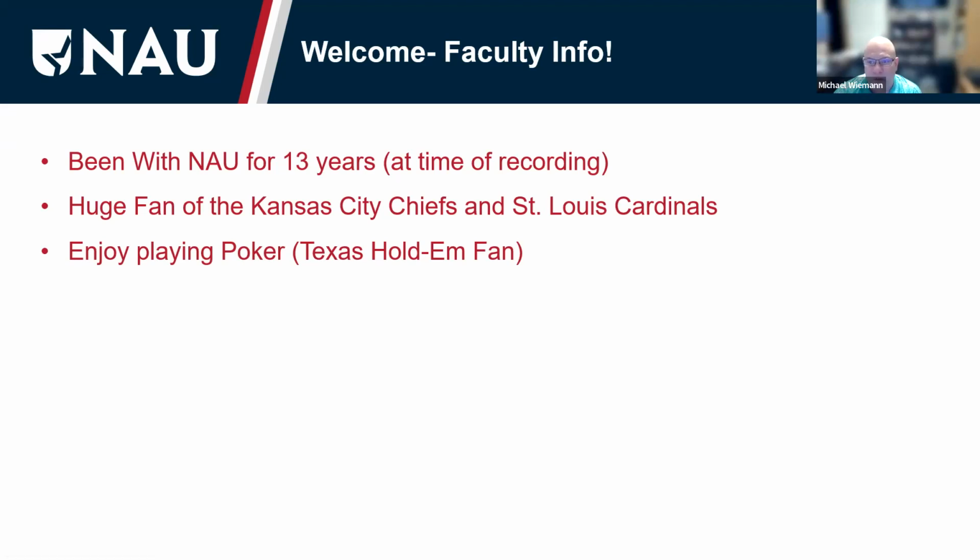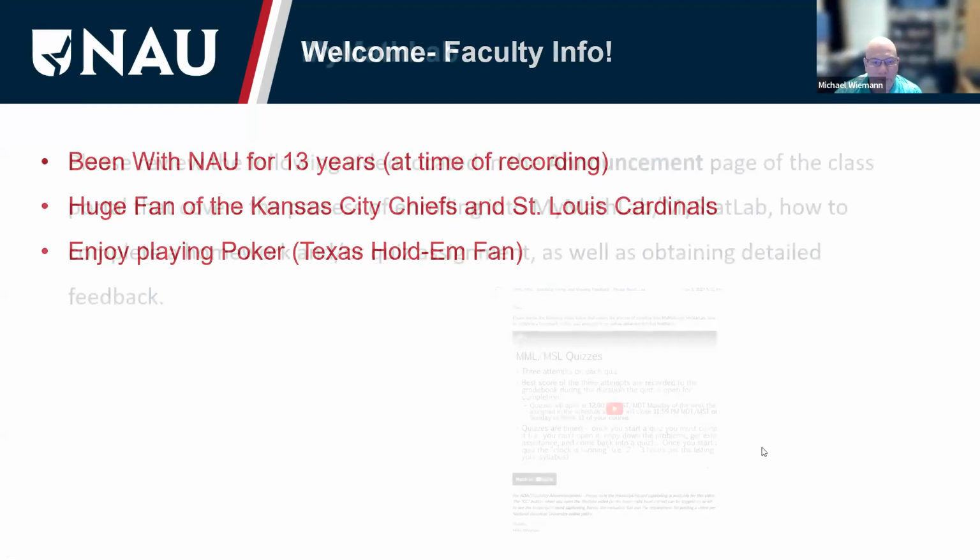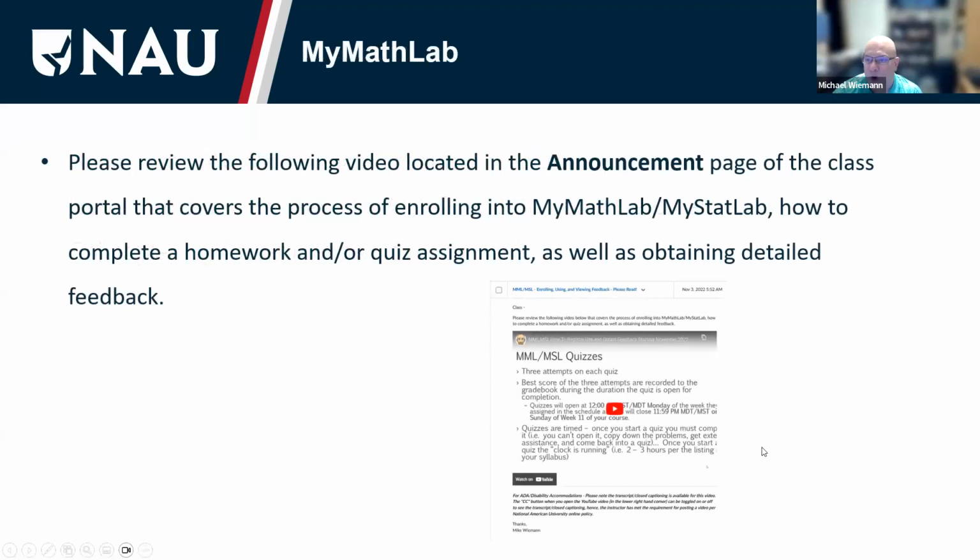And we'll be engaging, especially in the week 1 discussion forum, to get to know each other throughout the course. So, all right, the first thing you're going to want to do inside of the class portal is to get enrolled into My Math Lab.